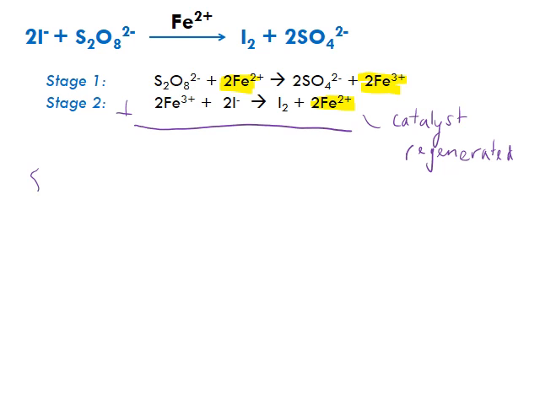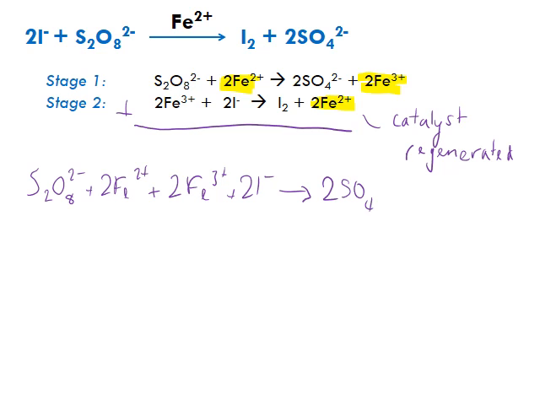So I've got S2O8 2- plus 2 Fe2+ plus, now I'm adding up the reactants of stage 2, Fe3+ plus 2 I- goes to, now I add up the products, so products of stage 1, 2 SO4 2- plus 2 Fe3+ plus I2, products of stage 2, plus 2 Fe2+. Okay, and we're ready to work out what cancels.